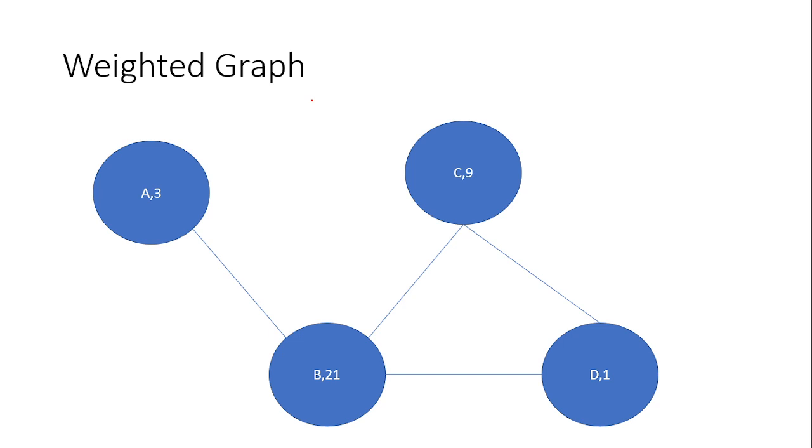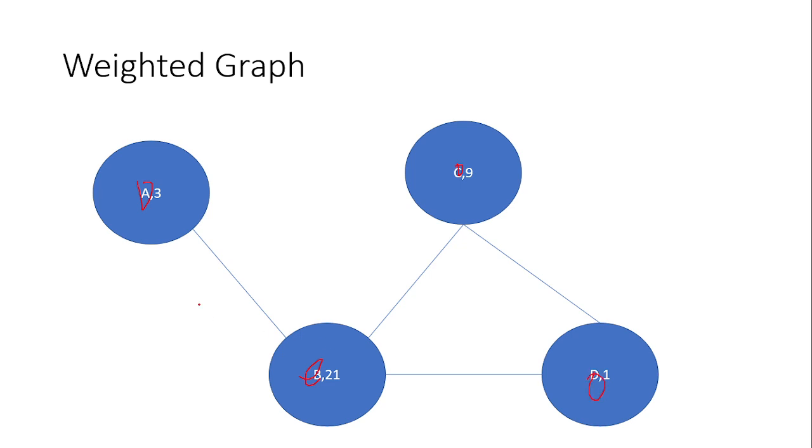Weighted graph. Now, this is the influence graph, right? The same social graph we can draw in a different manner, with the influence weight. In this case, A, B, C, D are there.